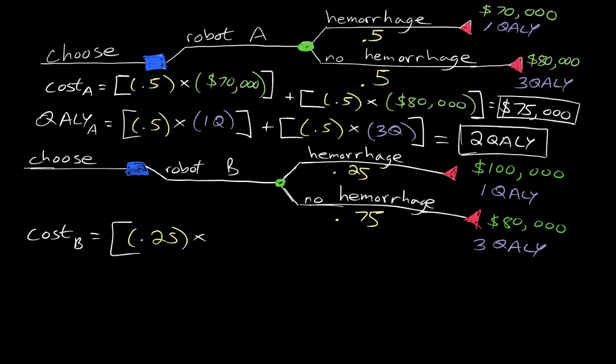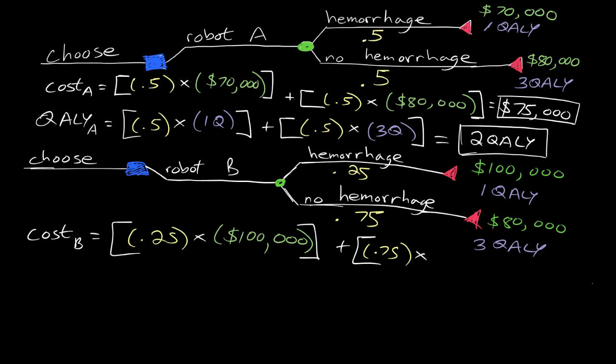Now you can see the formula for the cost of robot B is going to be similar to the formula for the cost of robot A, except it's no longer going to result in a simple average because those probabilities are different from each other. For robot B, there's a different probability of hemorrhage versus no hemorrhage. The cost and the qualities are still going to average, but they're going to be weighted more closely towards the cost and the qualities associated with no hemorrhage, because that probability weight of 0.75 is higher than the probability weight of 0.25.